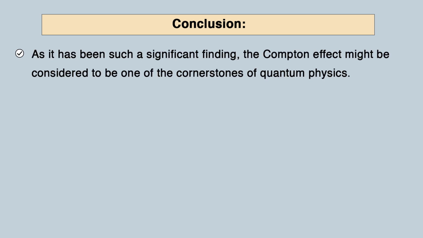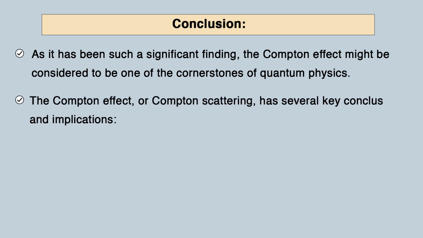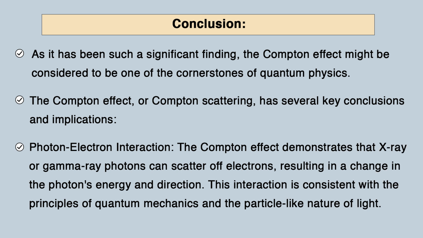As it has been such a significant finding, the Compton effect might be considered one of the cornerstones of quantum physics. The Compton effect or Compton scattering has several key conclusions and implications. Now, I conclude point-wise. First point is photon-electron interaction.